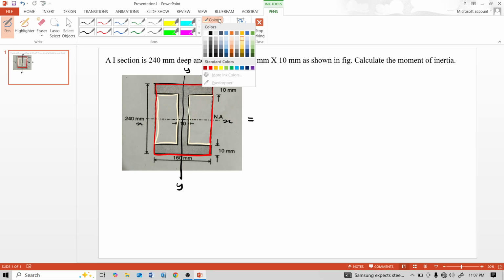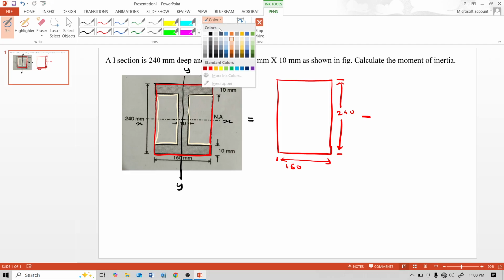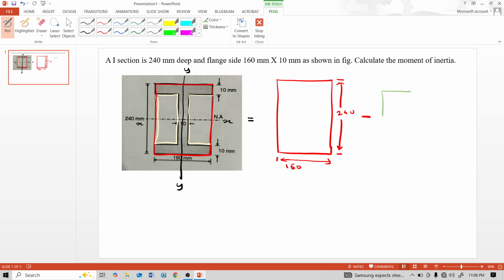That means this rectangle of side 160 mm and total height 240 mm, minus this part and this part.